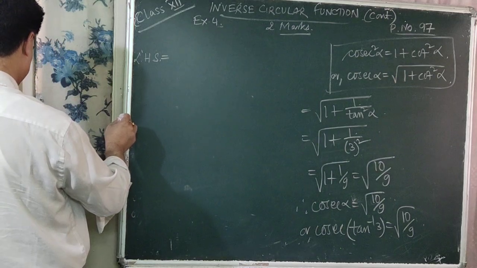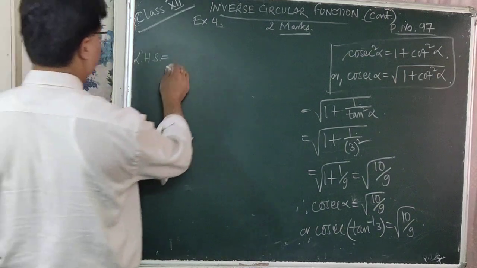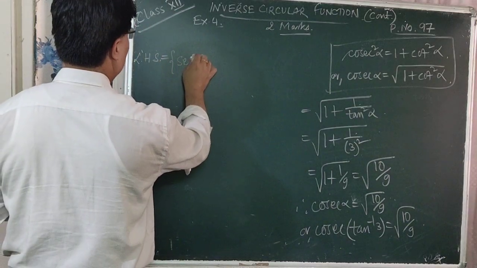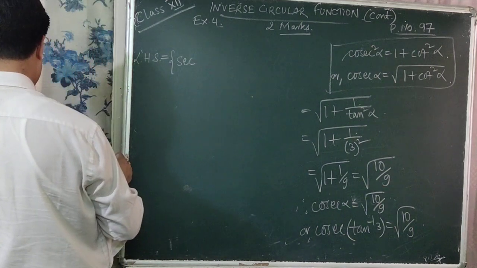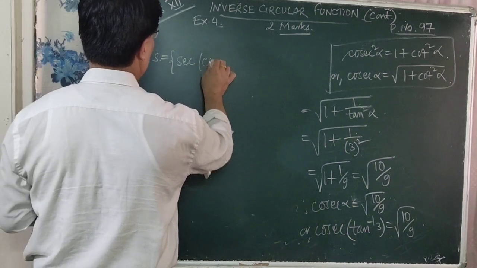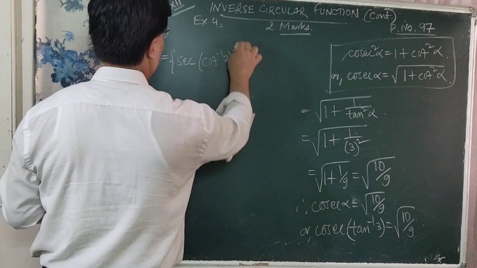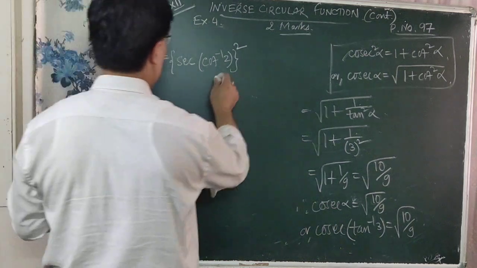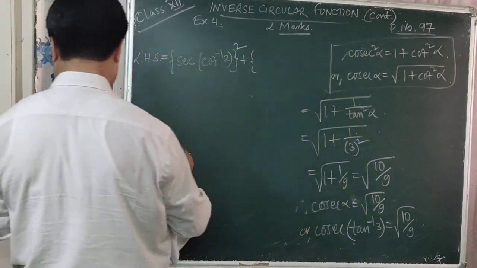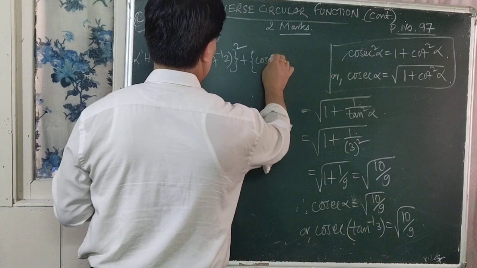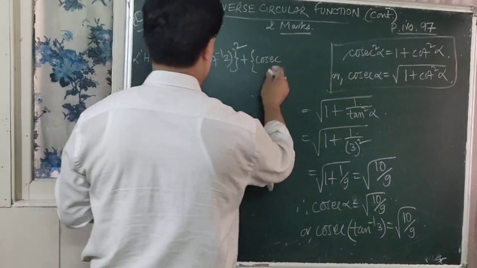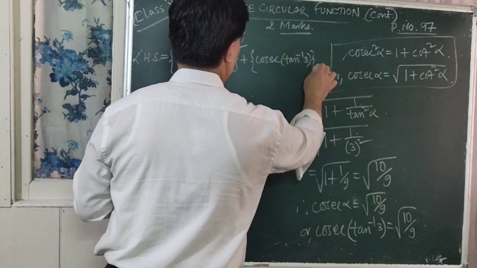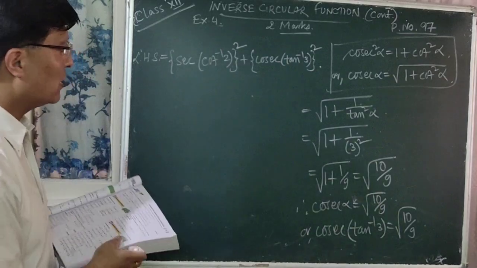It was sec cot inverse 2 whole square, sec cot inverse 2 whole square plus cosec tan inverse 3 whole square. This was the left hand side.